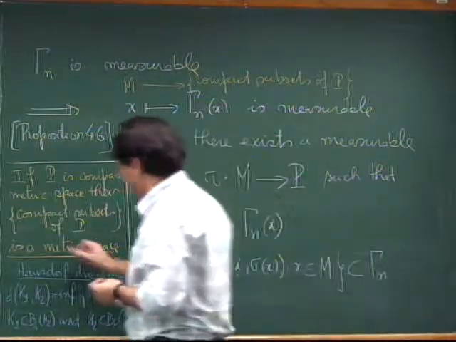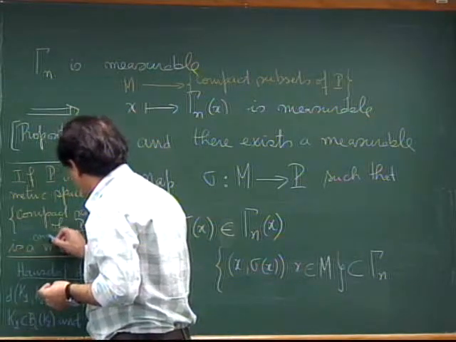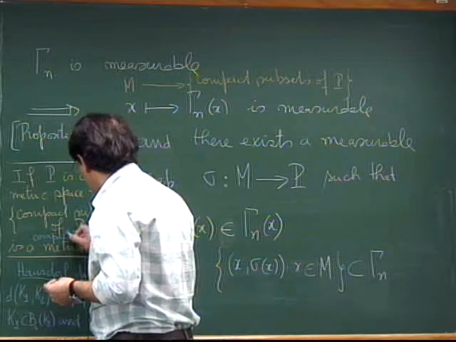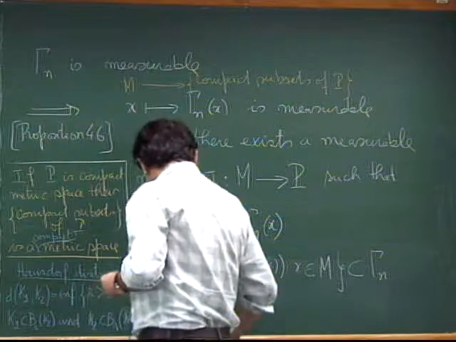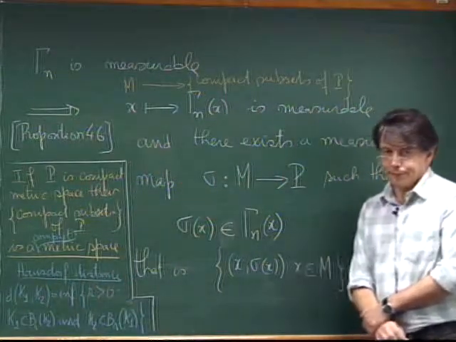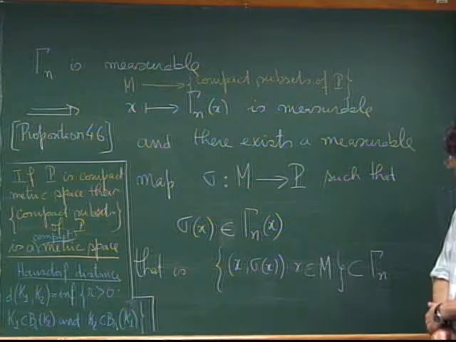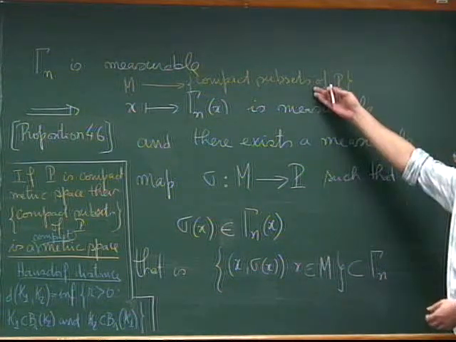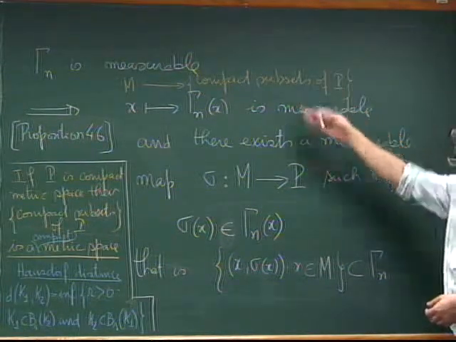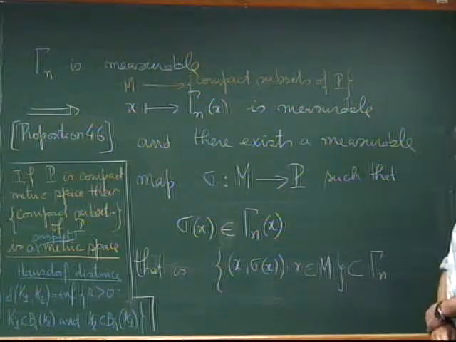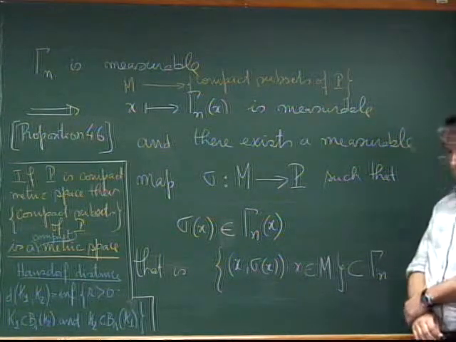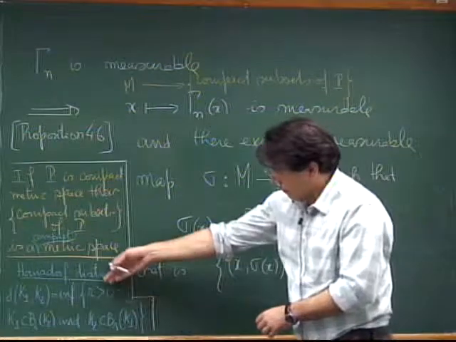It's nice. Okay. So once I know that it is a compact metric space, it has a Borel sigma algebra, and measurability is with respect to that sigma algebra, the sigma algebra generated by the open sets of this metric space.